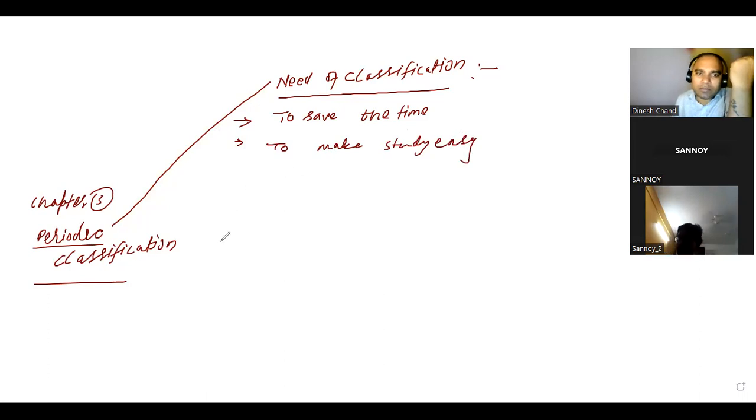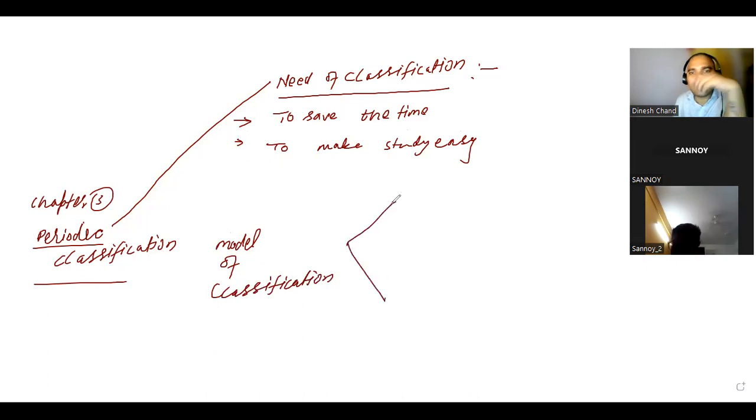There are models of classification. Can you tell me what the models of classification are? No, sir. Okay, there are many models. The first one is Dobereiner, D-O-B-E-R. Dobereiner's Triads, Newlands' Octaves, Mendeleev's periodic table, and the modern periodic table by Henry Moseley.